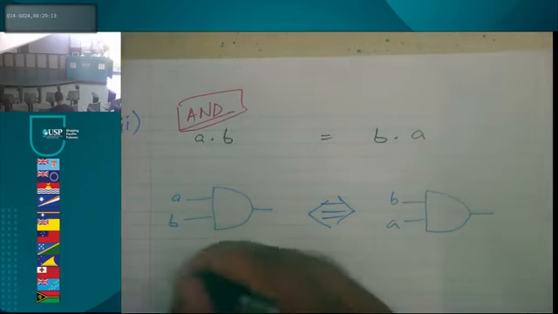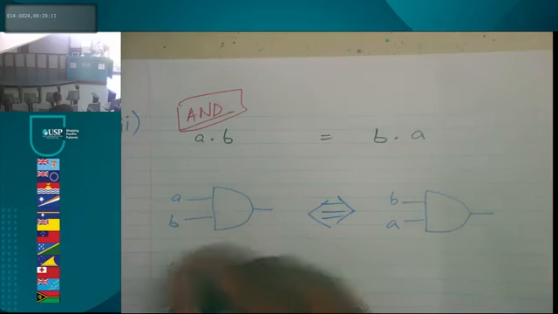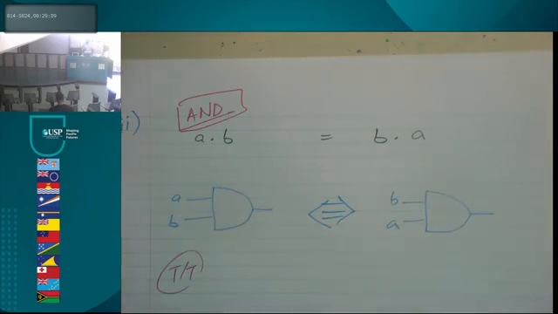And how do you prove something fundamental like that? Well, I expect you to do it using a truth table. I'm not going to leave some space, but I expect you to do it.